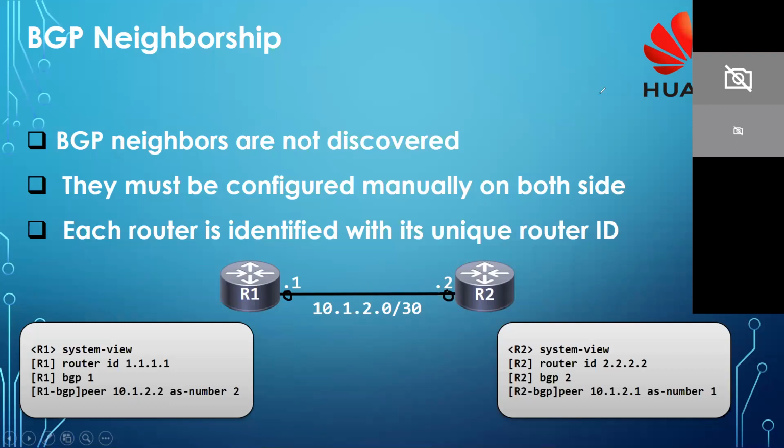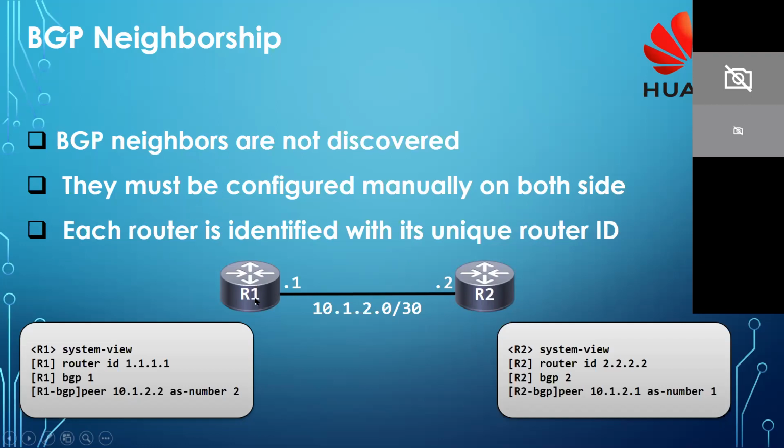In BGP, it's not the case, because remember, in BGP we don't trust our peer. R1 doesn't trust R2. So in BGP, neighbors are not discovered. They must be configured manually on both sides. On R1, we must say that R2, which is in autonomous system number 2, for example, is your neighbor.